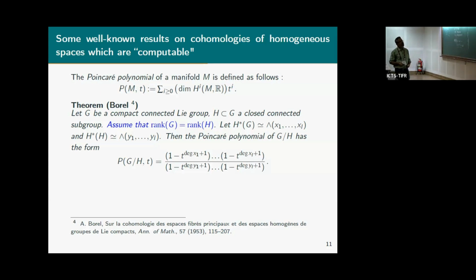And this is what I mean by computable results. In a simple group situation, all these degrees are very well known, even for exceptional groups. They're all classical results. So if you are in a particular situation, you can really compute this. This is a fantastic result, but it also assumes a very strong condition.